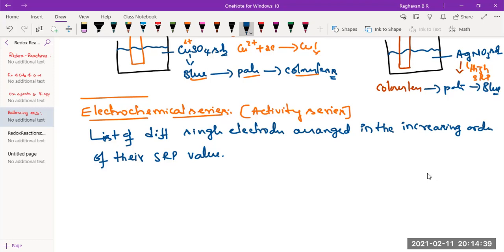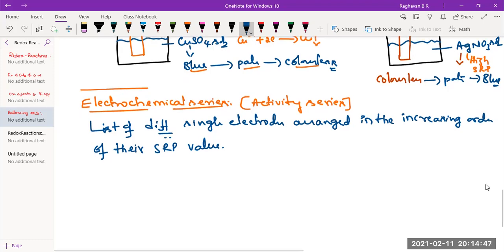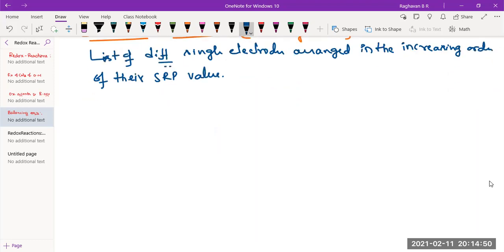Okay. List of different single electrodes arranged in the increasing order of their SRP values. See, what is a single electrode? It's a device where a metal rod is in contact with the solution of its own ions, that is called single electrode.